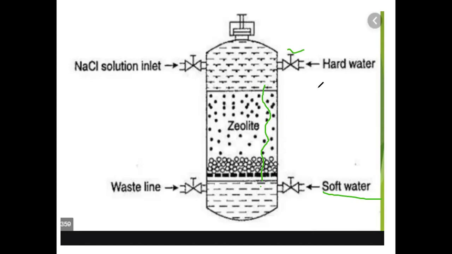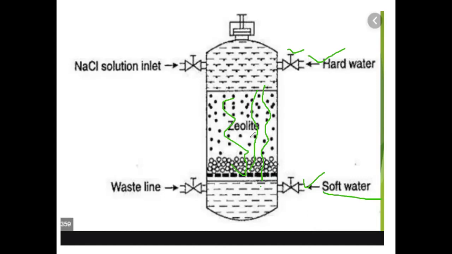But usually when the demineralization process starts with the zeolite method, at that time this valve and this valve will be open. So through this valve the hard water is entering and passing through this entire layer of zeolite and coming into contact with the individual particles of zeolite.